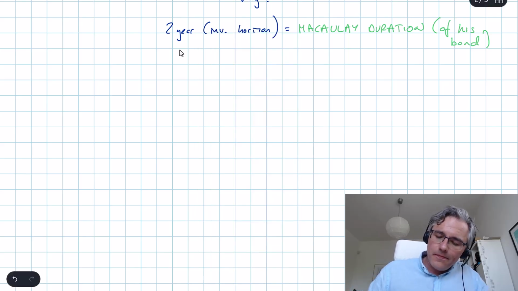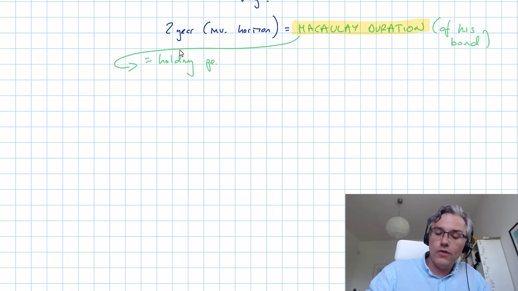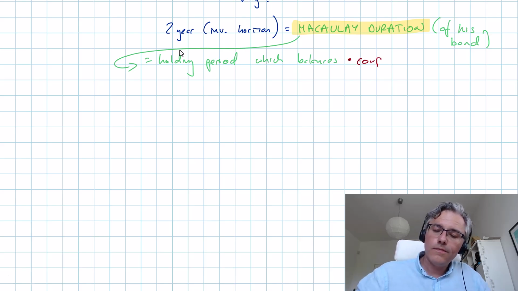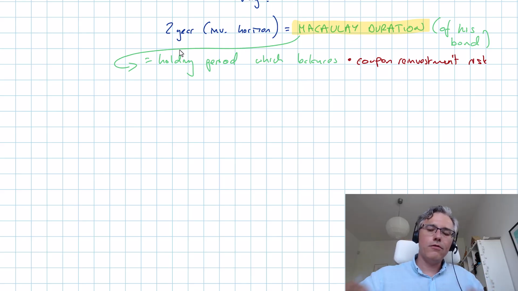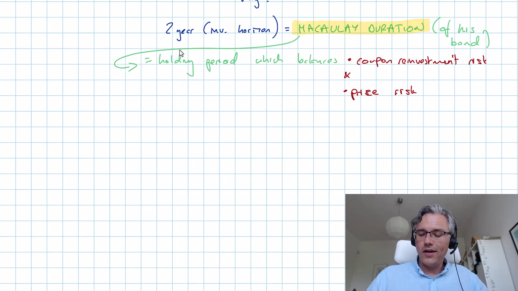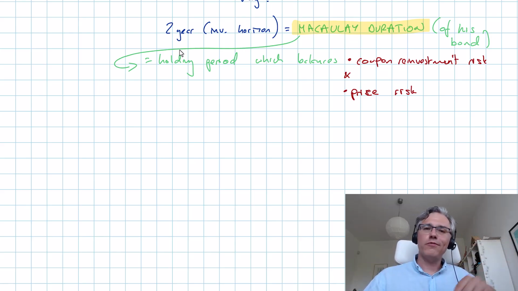Macaulay duration is the holding period, or the investment horizon if you want, which balances the two elements of interest rate risk: the coupon reinvestment risk, the fact that when interest rates change, the coupon gets reinvested at a higher or lower rate, and price risk, the fact that when yields change or interest rates change, your bond price is no longer on that constant yield price trajectory, so it moves away from its carrying value, and you start selling the bond basically with some element of capital gain or loss.